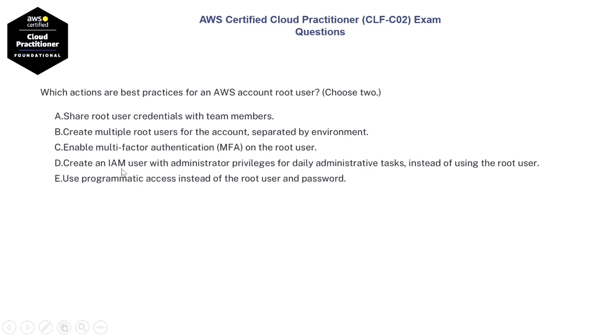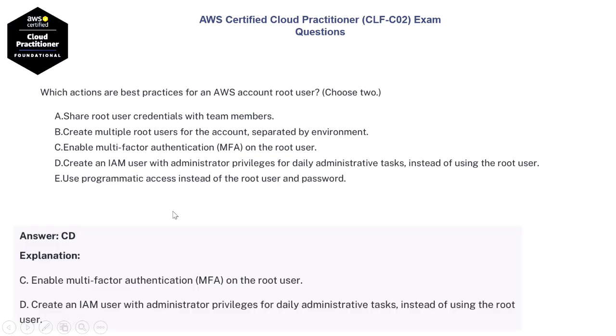Option D, create an IAM user with administrative privileges for daily administrative tasks instead of using the root user. Option E, use programmatic access instead of the root user and password. The right options are option C and option D.